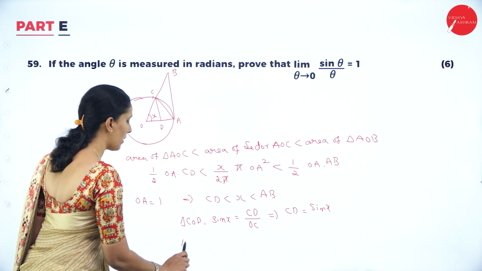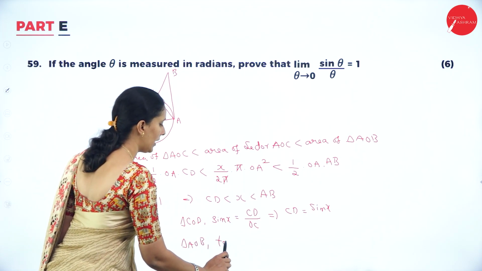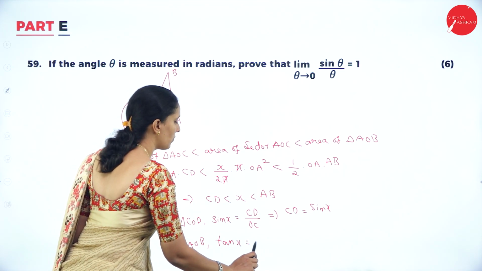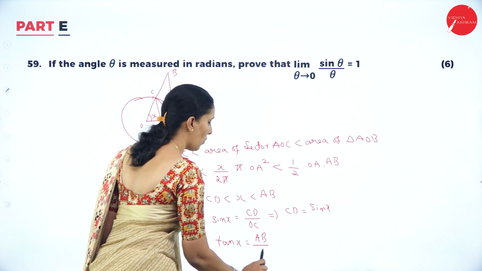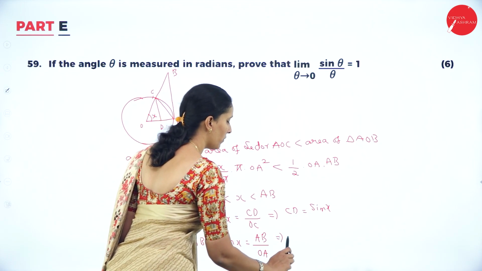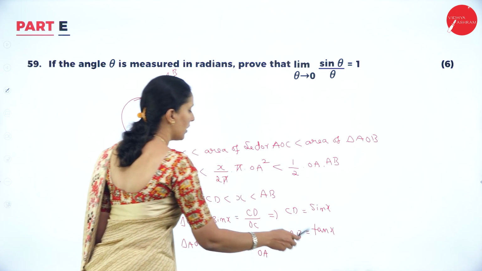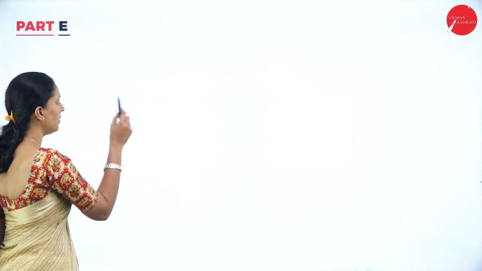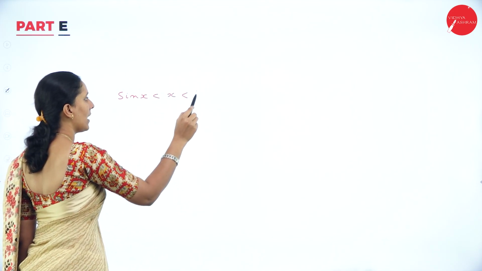And similarly from the triangle AOB, we can get tan x. Tan x will be AB by OA. Again OA is the radius. So therefore we can write AB is equal to tan x. Now substituting the values here, we will get sin x less than x less than tan x.